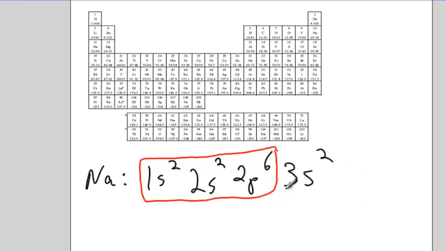It's only the 3s2 that is not in a filled shell. This is all filled, and if you look, this is the electron configuration of neon: 1s2, 2s2, 2p6. That's neon. So instead of writing this whole darn thing, all I really have to write is, in brackets, neon, and then I write the 3s2.